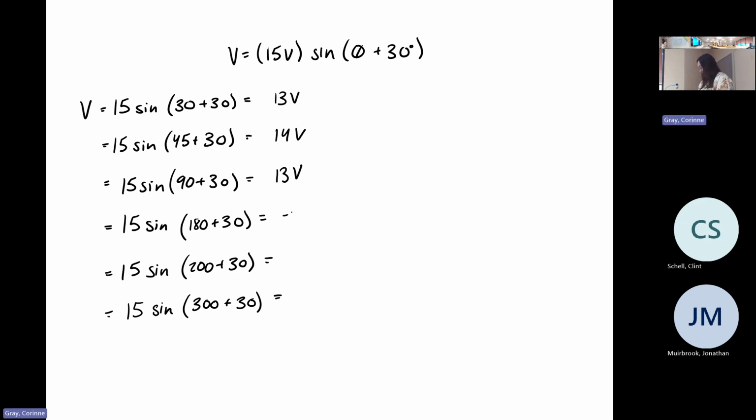You do 7.5. Okay, what about 15 sine 230? What? Negative 11. Okay, and then 15 sine 330. Negative something. 7.5. Perfect. Fun and thrilling information.